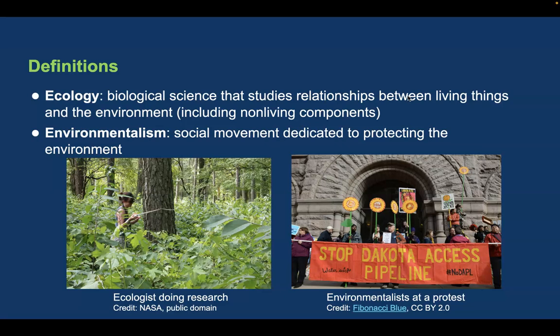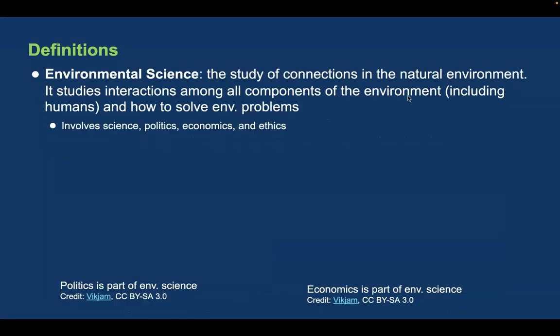And so environmentalism is really more environmental activism. And so despite humans' many scientific and technological advances, our lives depend on that sunlight and the earth for clean air, water, food, shelter, energy, all of those things that are in our environment, right? And environmentalism is really more of the social movement dedicated to protecting those.